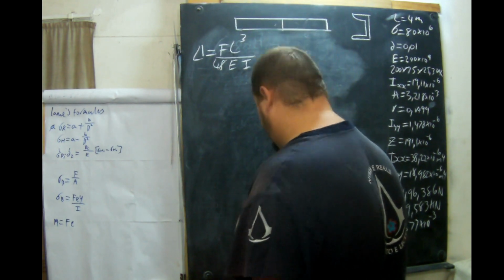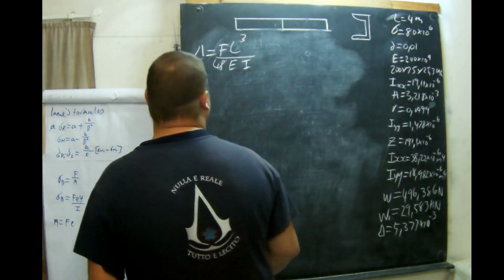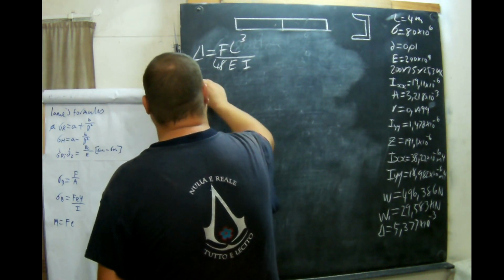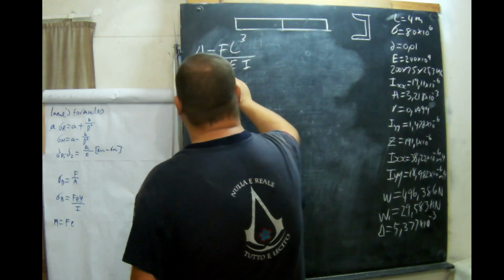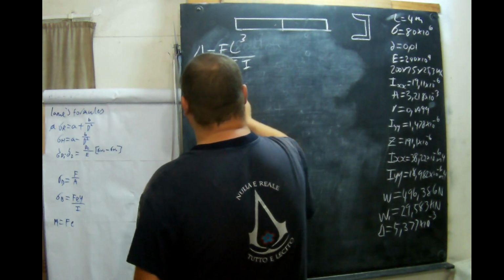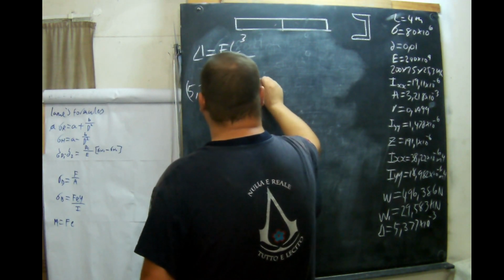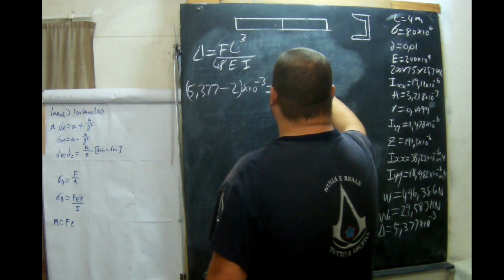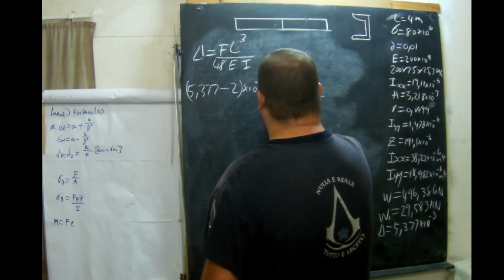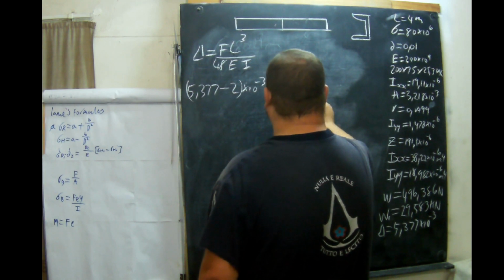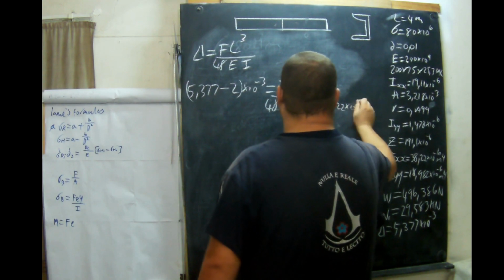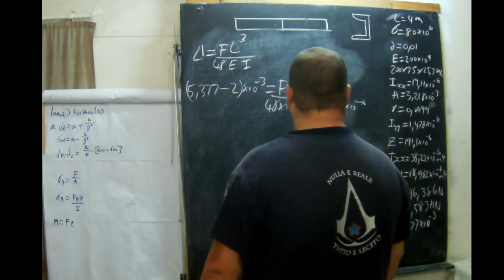This is for a channel. So what we need to do now is take our deflections. So our true deflection is 5,377 minus 2 times 10^-3 equals F times 4^3 all over 48 times 200 times 10^9 times 38,22 times 10^-6.